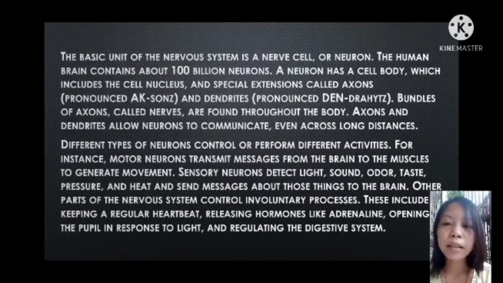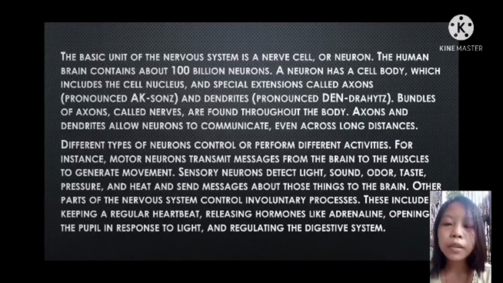Axons and dendrites allow neurons to communicate even across long distances. Different types of neurons control or perform different activities. For instance, motor neurons transmit messages from the brain to the muscles to generate movement. Sensory neurons detect light, sound, odor, taste, pressure, and heat, and send messages about those things to the brain.